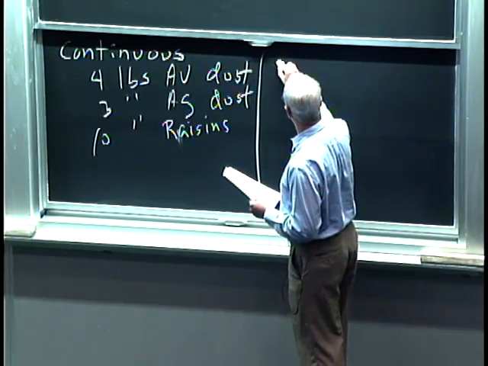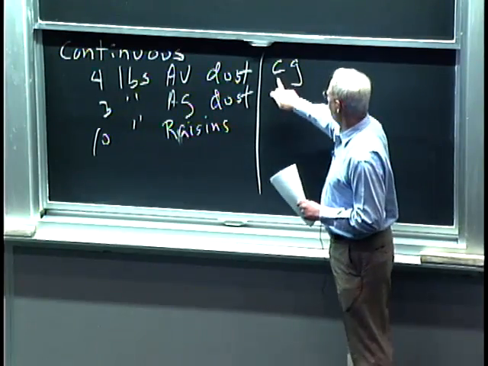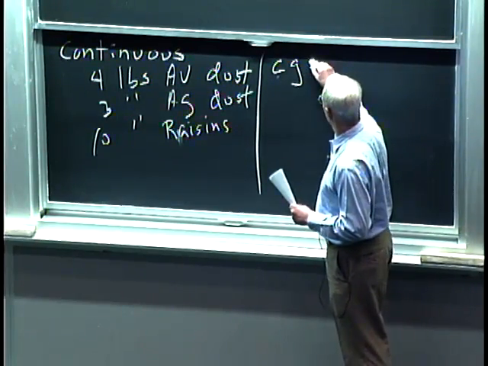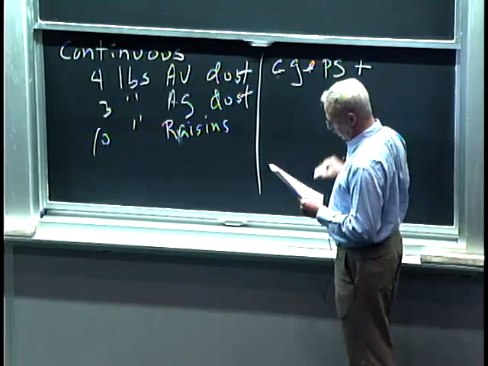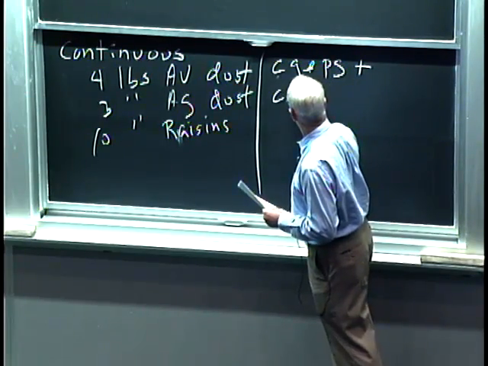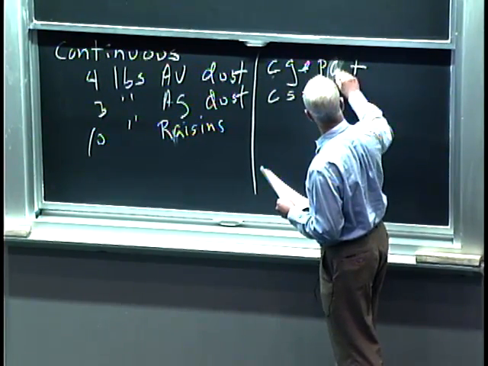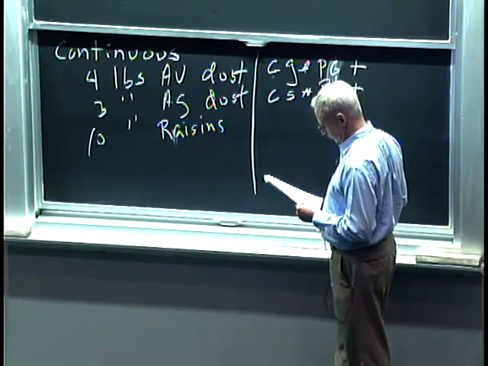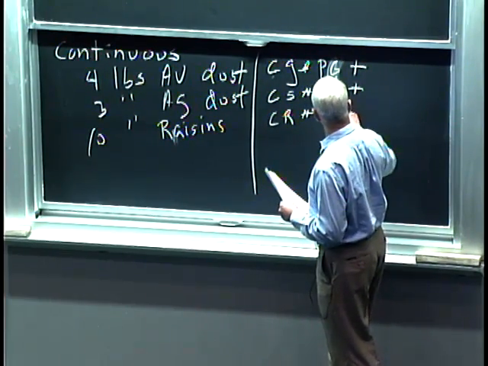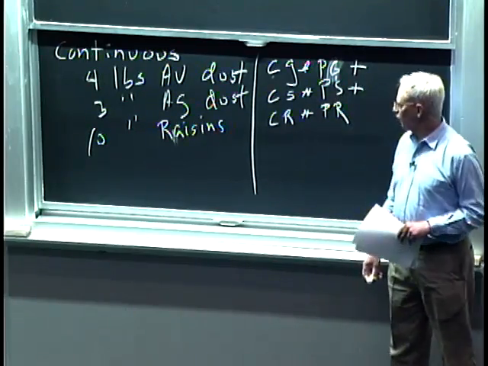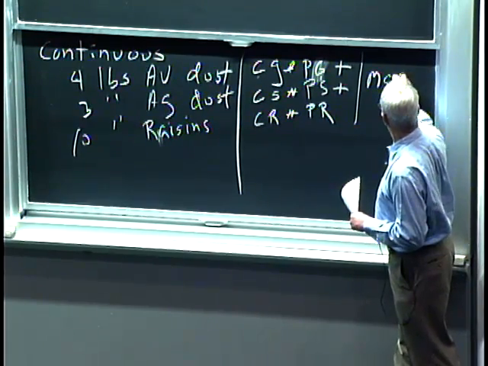Well, let's say it's some amount of the cost or the value of gold times however many pounds of gold, plus the cost of silver times however many, gold is a G, isn't it? Pounds of silver, plus the cost of raisins times the number of pounds of raisins. So that's the function I want to optimize. I want to maximize that function.